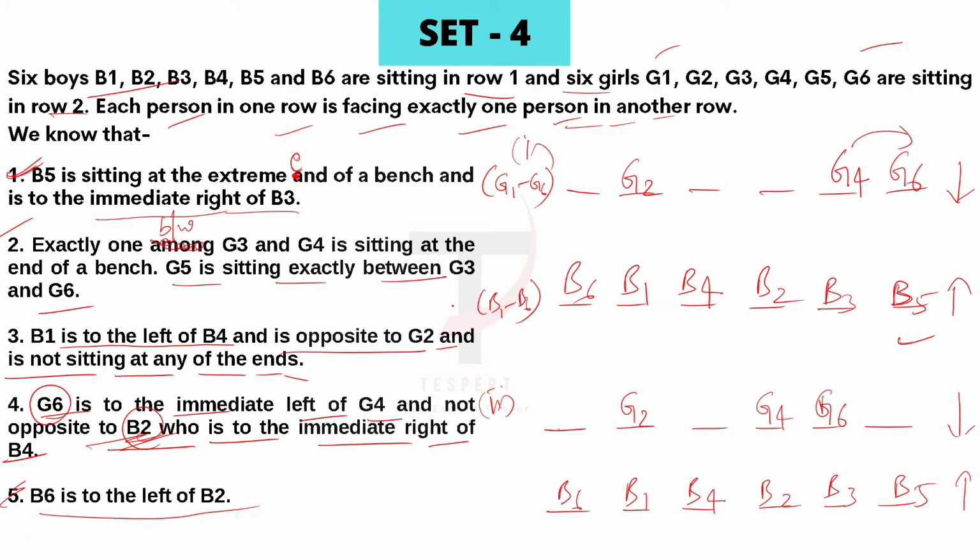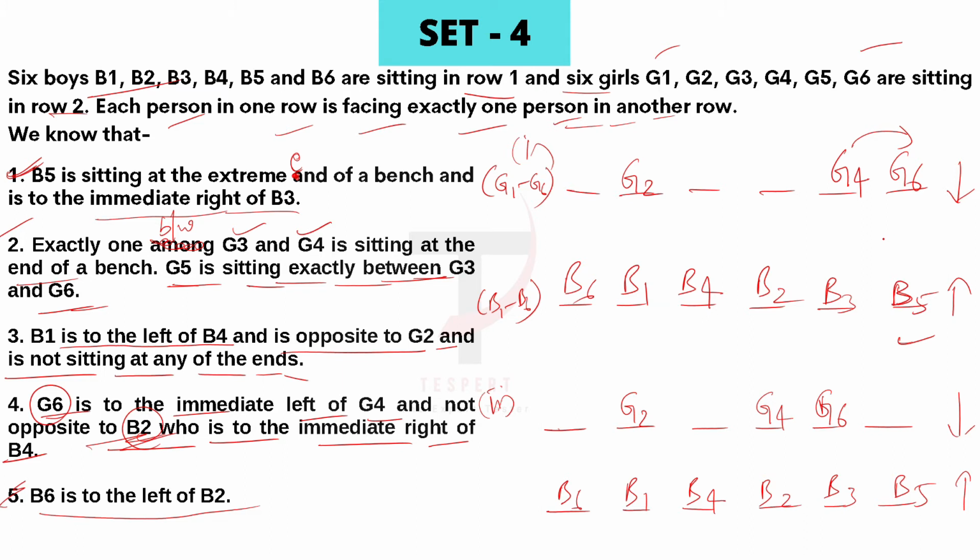See, as it is given, exactly one between G3 and G4 is sitting at one end of the bench, which means either G3 or G4 must sit there, right?